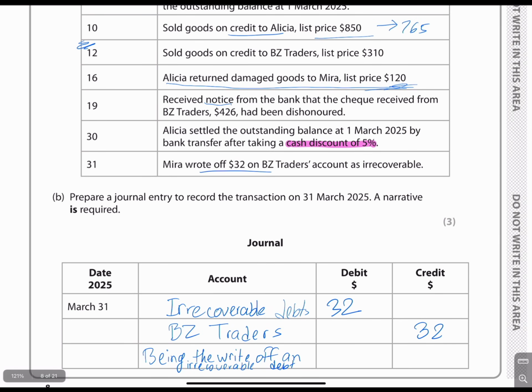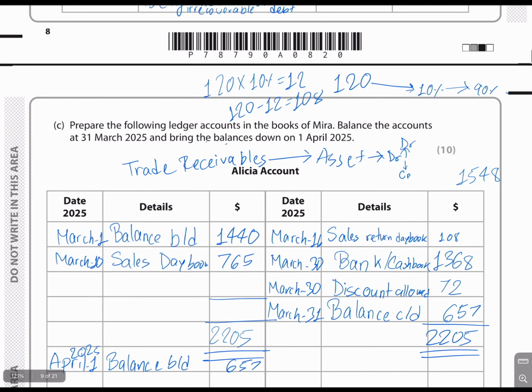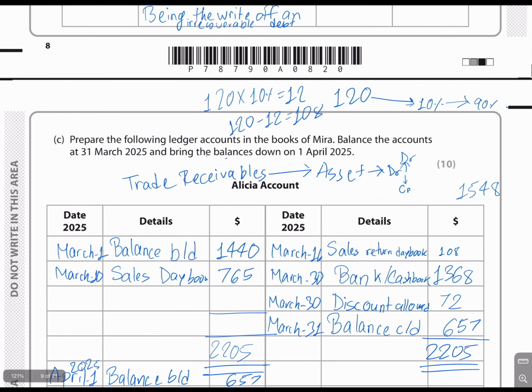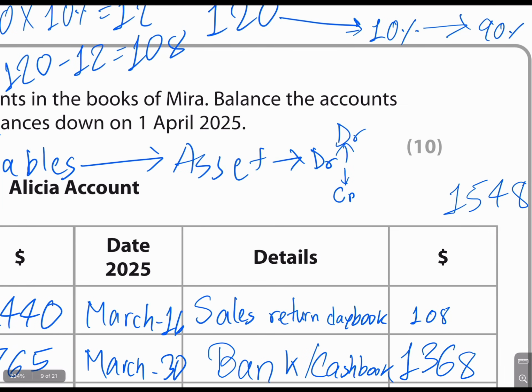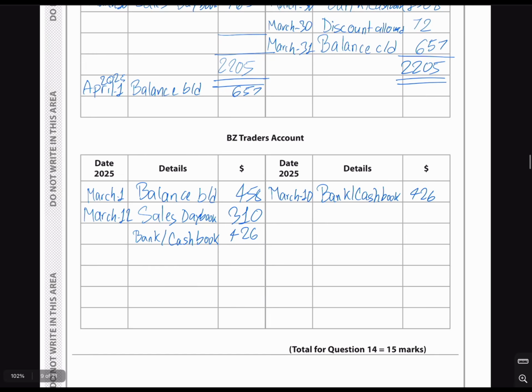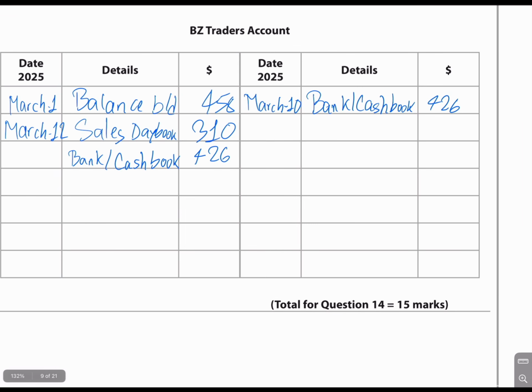All right. So next up, Mira wrote off 32 on BZ Traders account as irrecoverable. So when the balance is irrecoverable, you are not going to get that money, so you lose hope of getting that money back. Our receivable decreases, right? We reduce our receivable, so it would be entered on the credit side.